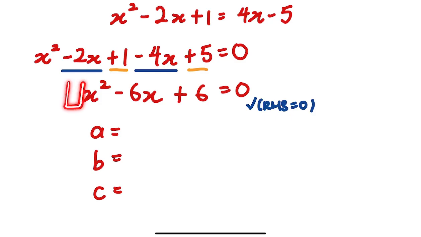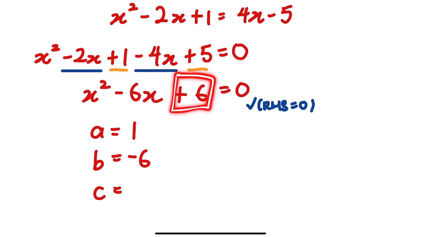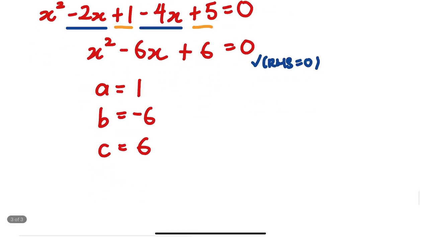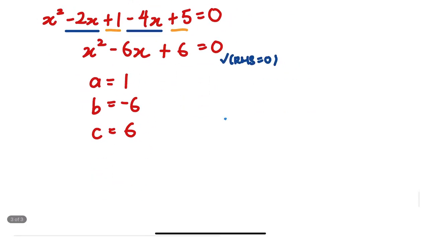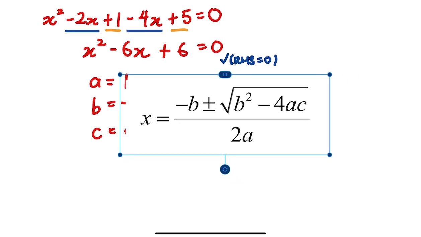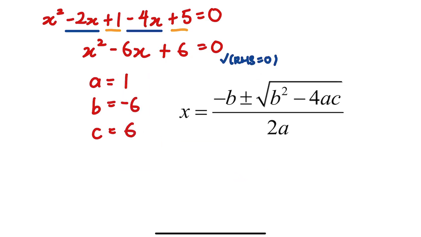So over here, if you can see, my A is equal to 1. My B is equal to negative 6. And my C in this case is equal to 6. Okay, so therefore, now I want to apply the quadratic formula here.